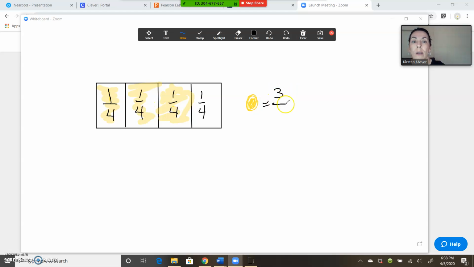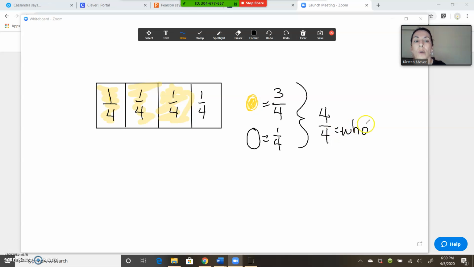So we have 3/4 that are yellow. If I wanted to talk about how many were white, I have 1/4 that were white. If I put the 3/4 and the 1/4 together, I would have 1/4, 2/4, 3/4, 4/4. So the whole thing is 4/4.